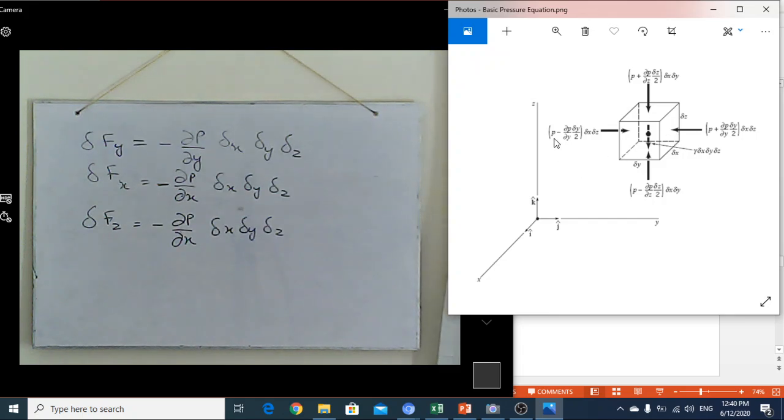So when we add up or find the resultant difference between both these forces, it will be equal to this complete factor minus this complete factor.